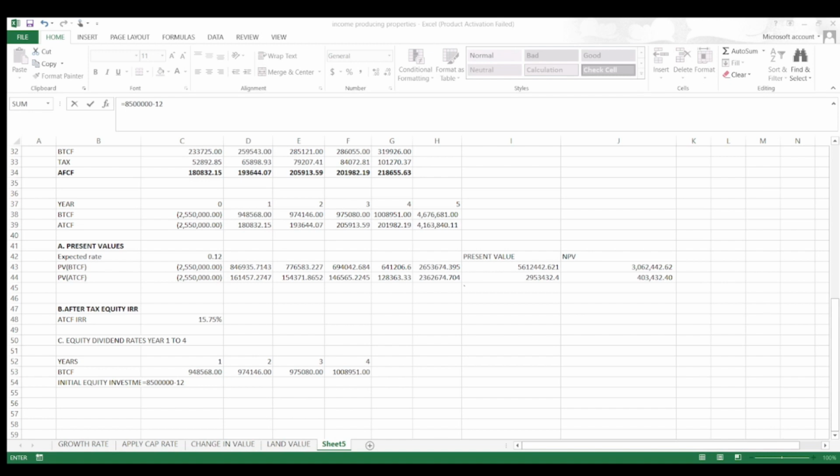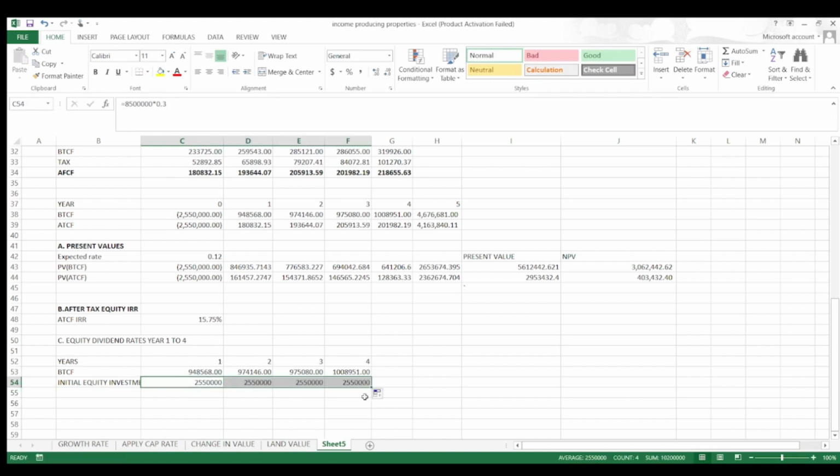No, the initial investment was 30% of 0.85. 0.3. Okay. So that's our initial equity investment.